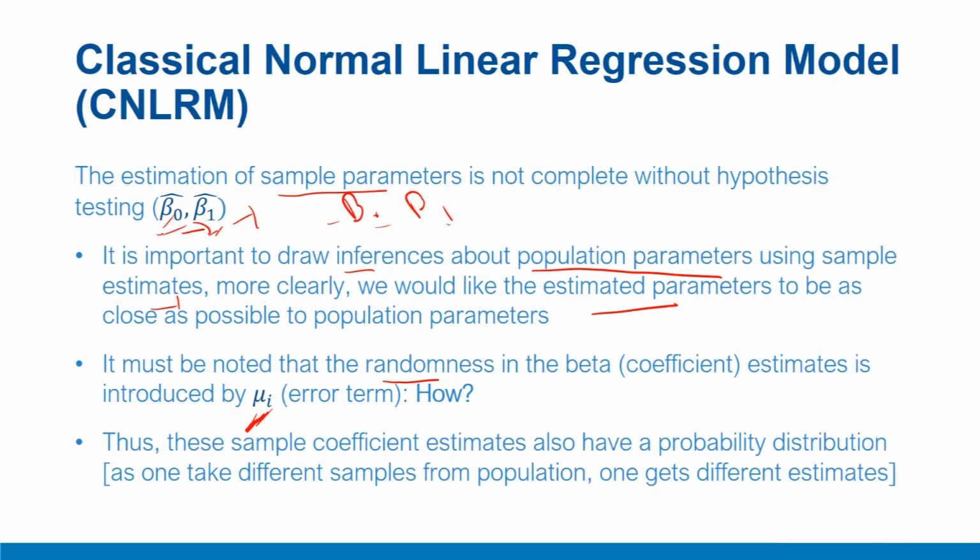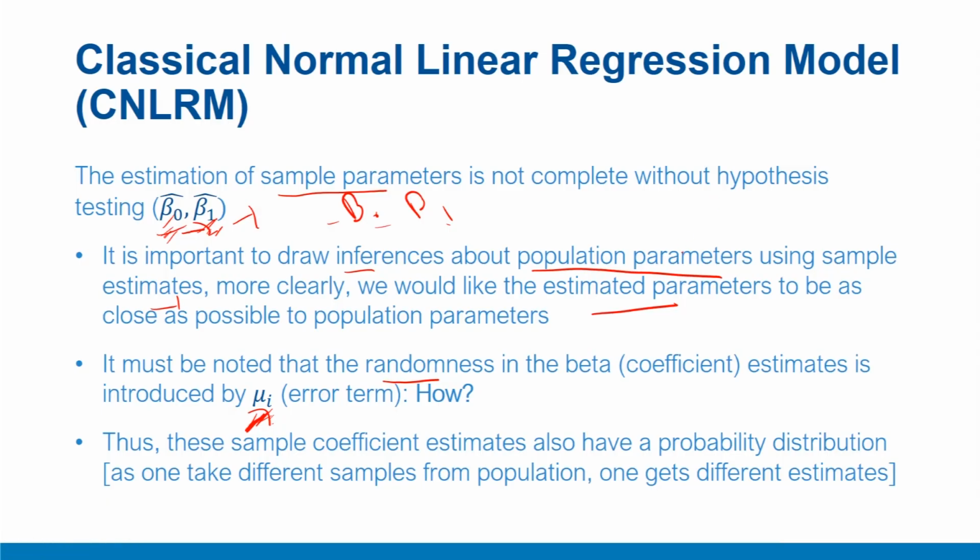Every time you change the sample, you will obtain different beta naught hat and beta 1 hat. Because this randomness is introduced by the error term, the sample coefficient estimates, beta naught hat and beta 1 hat, will also have a probability distribution, and this probability distribution will be similar to that of the error term because the randomness is introduced by the error term itself.